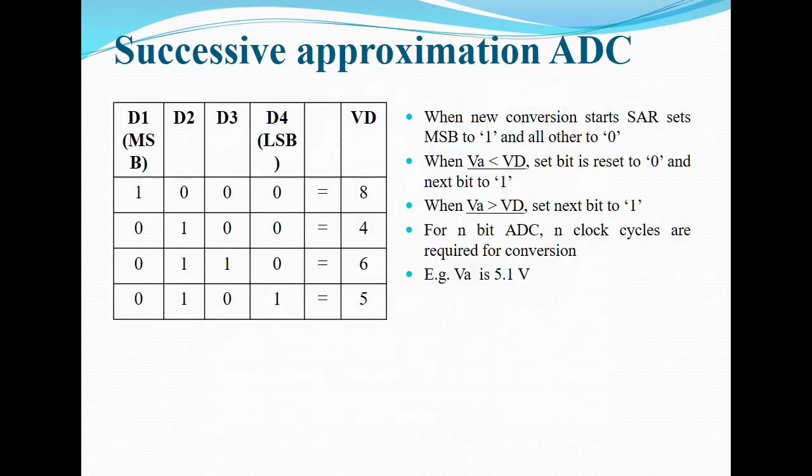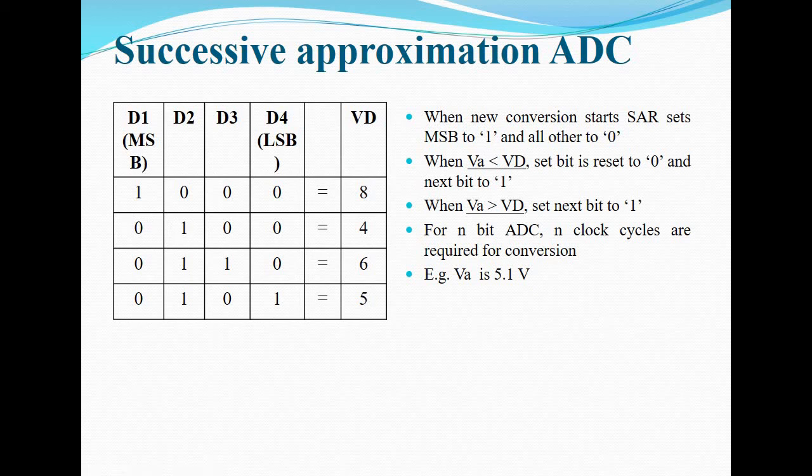Our condition is VA is less than VD, so the set bit is reset to 0 and the next bit is set to 1. Here you can see.